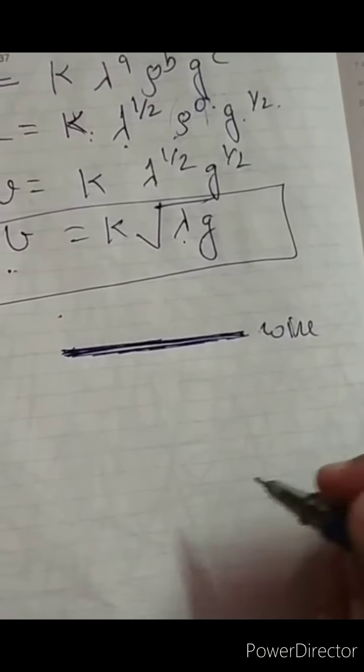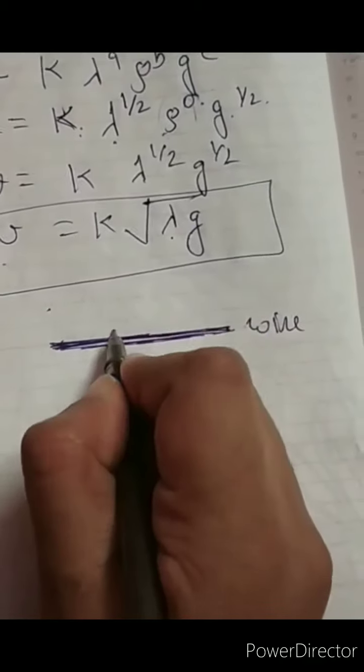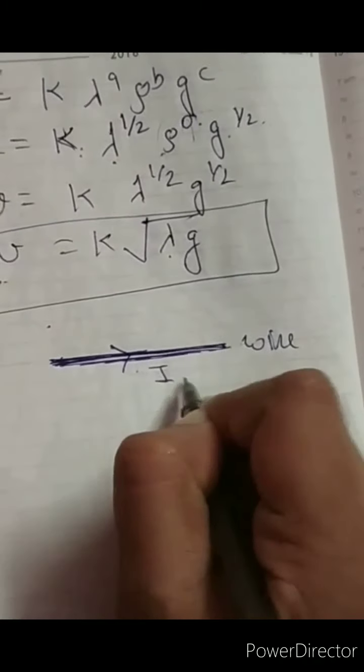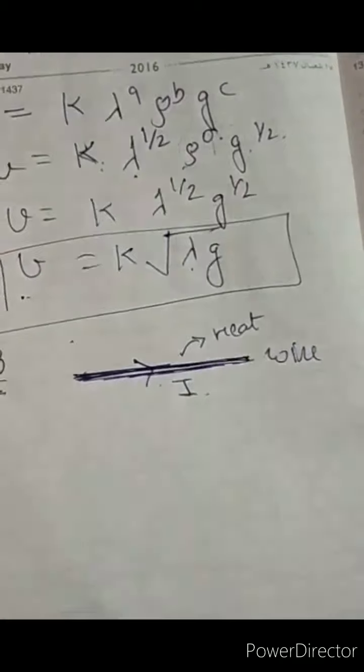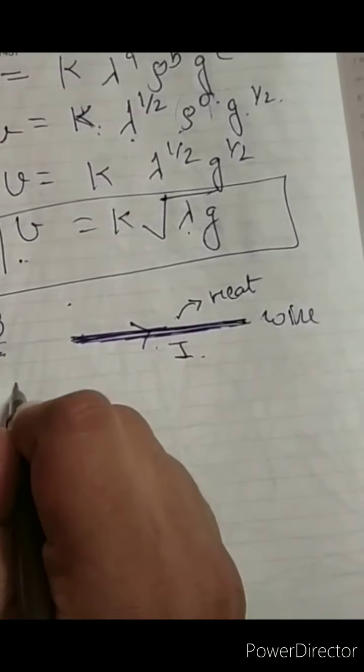It produces heat because electricity is going through it. Let's say it is I, the electric current flowing through it, and it releases some heat. Now, the heat produced in a wire carrying an electric current depends on the following. H is for heat. We denote H as heat.